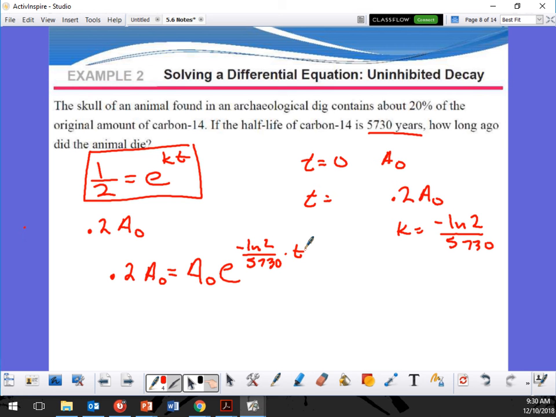What's going to happen to those A sub naughts? They go away. Same steps every time. So I'm going to end up with 0.2 equals e to the negative ln 2 over 5,730 times t. And it's going to be ln of 0.2 equals negative ln 2 over 5,730 times t.